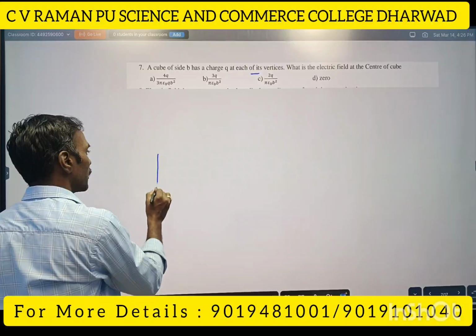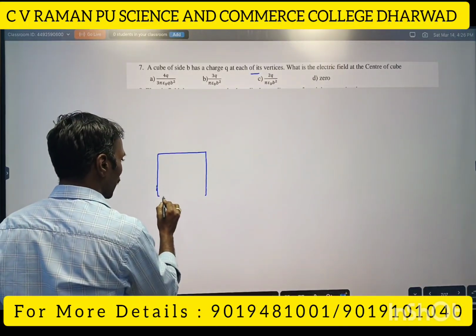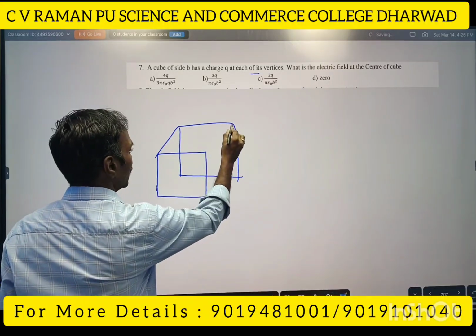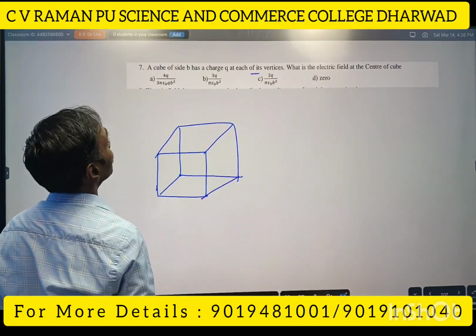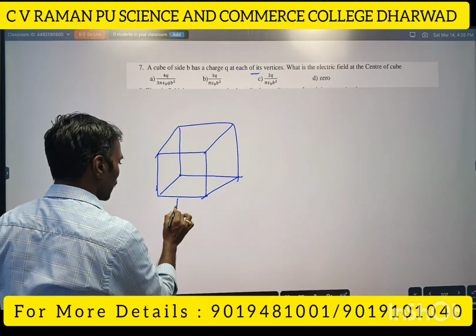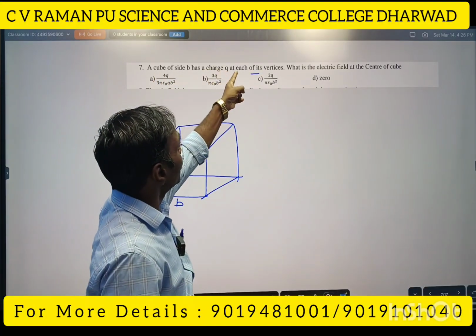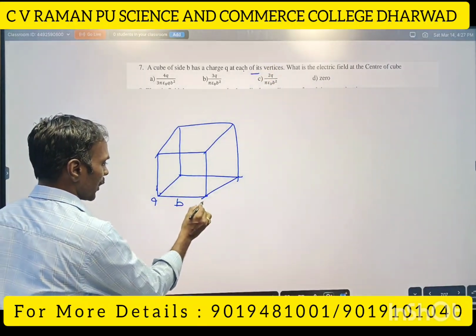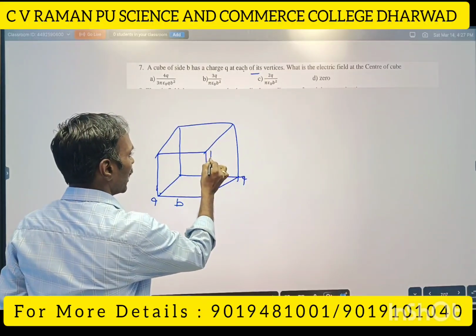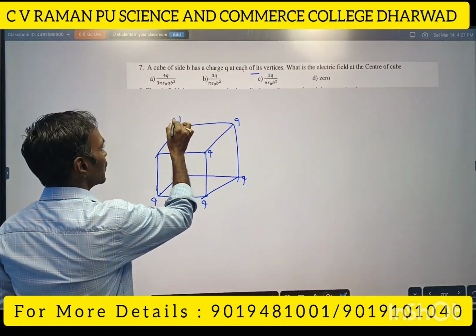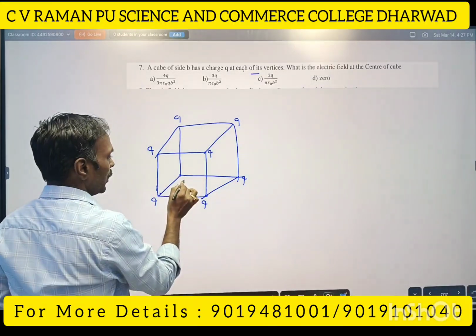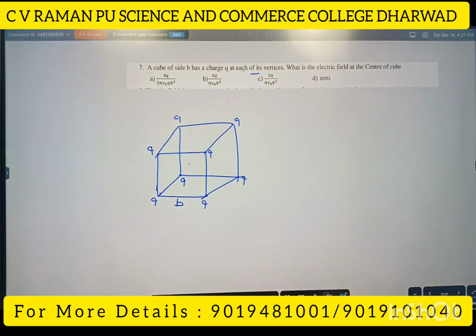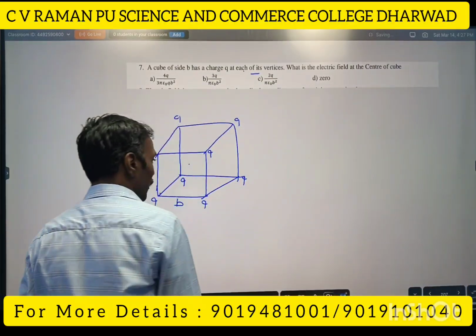So we have a cube of side B, a charge q at each of its vertices. At each vertex we are placing equal and identical charges. Then what will be the electric field at the center of the cube?